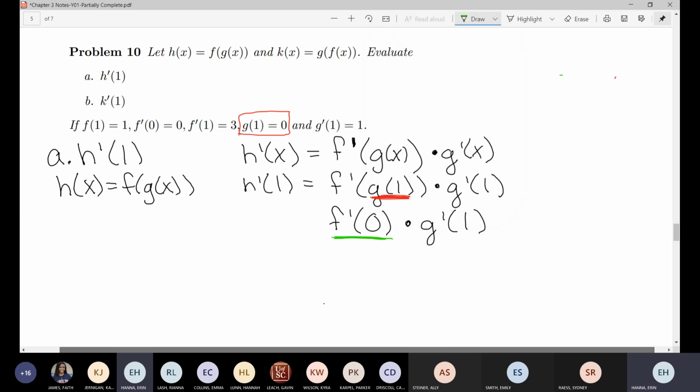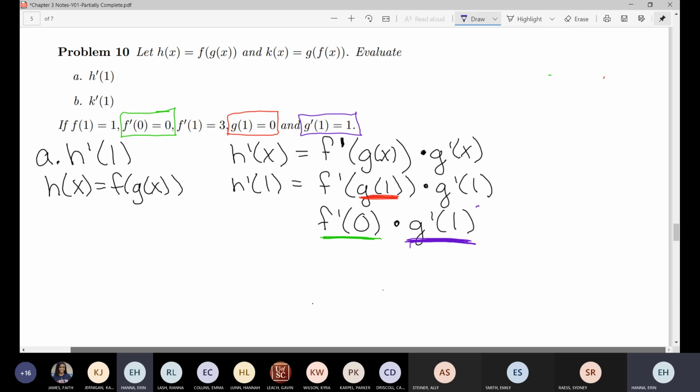What's f prime of 0? It's coincidentally also 0. What's g prime of 1? It's 1. So we'd have 0 times 1 is 0. That makes sense?